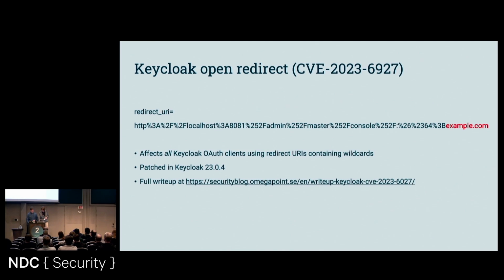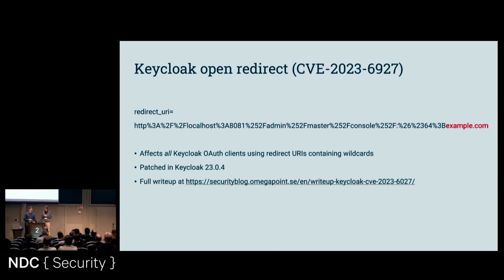But it turns out that using multiple tricks, such as double URL encoding, HTML entity encoding, HTTP basic auth URL formatting, as well as fiddling a bit with the response mode parameter, we're able to construct this fun redirect URI, which passes the redirect URI validation.